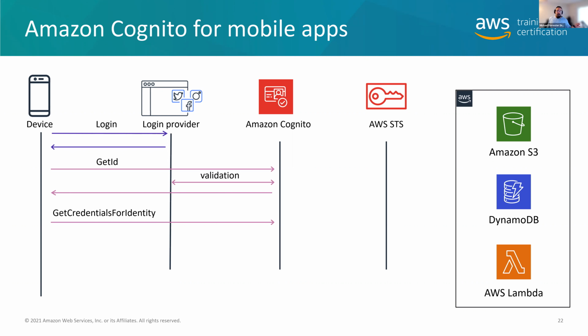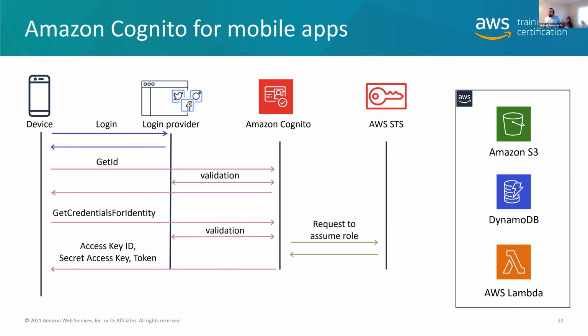And then the device is going to send out an API call and say, hey Cognito, now that you know who I am and you've given me validation, can you give me some credentials because I need to access some services on the back end? Cognito is going to validate that request once again, and then it's going to send something to STS and say, hey, can you send this back to the device? Send it back to Cognito and then send it back to the device.